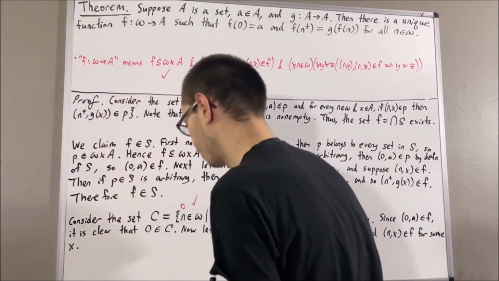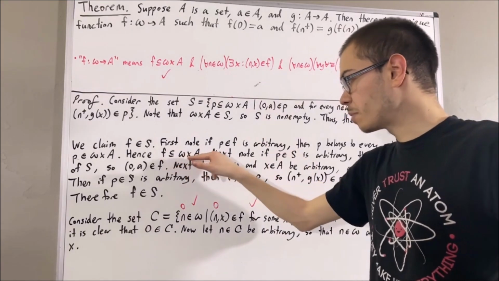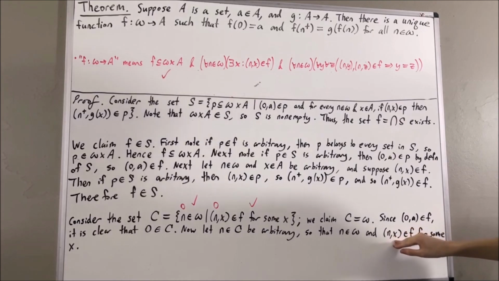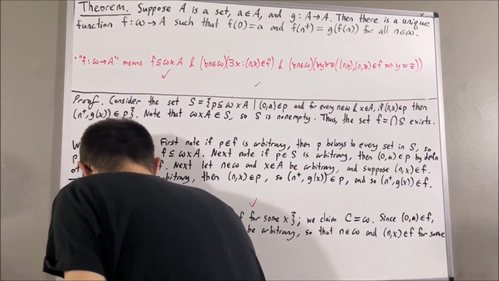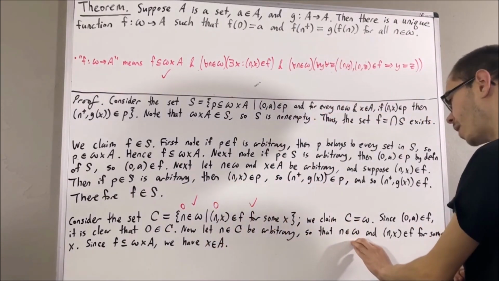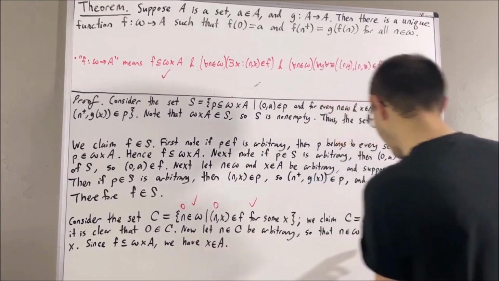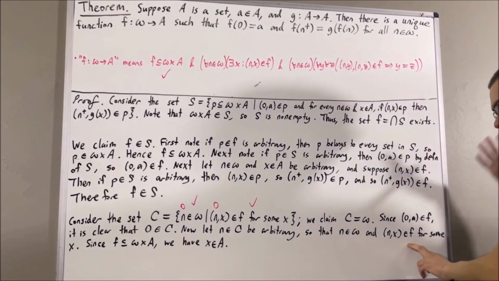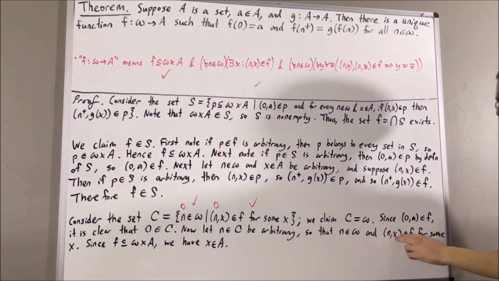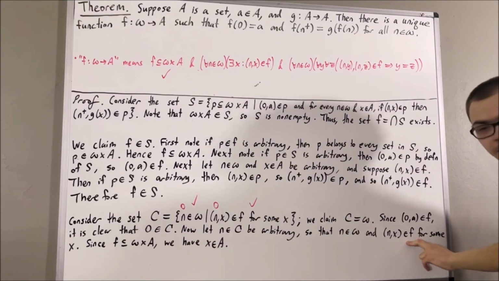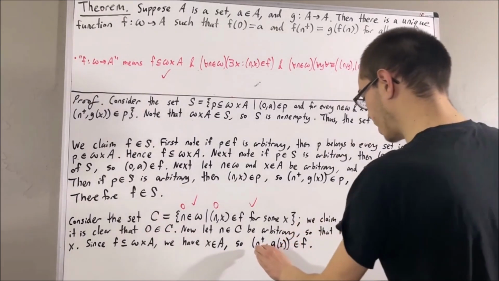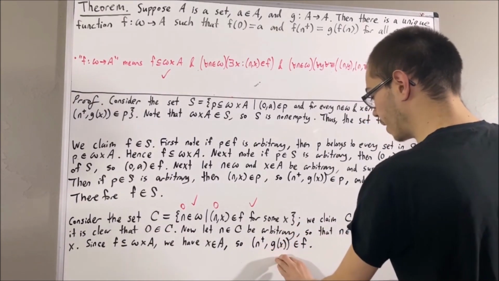And since F is a subset of omega times A, from the fact that n comma x is an element of F, that tells us x must be an element of A. So now, since n is an element of omega, x is an element of A, and n comma x is an element of F, it follows from the fact that F is an element of S that the successor of n comma g of x is also an element of F. And so this tells us that the successor of n comma something is an element of F.